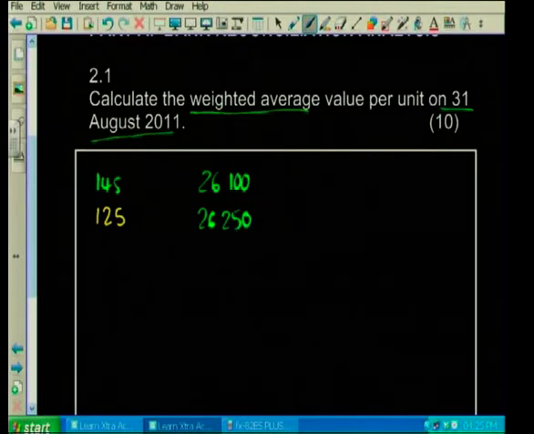What am I doing? Notice I'm listing the quantity as well as the value. Very, very important. Quantity as well as the value. Let's carry on with the question.